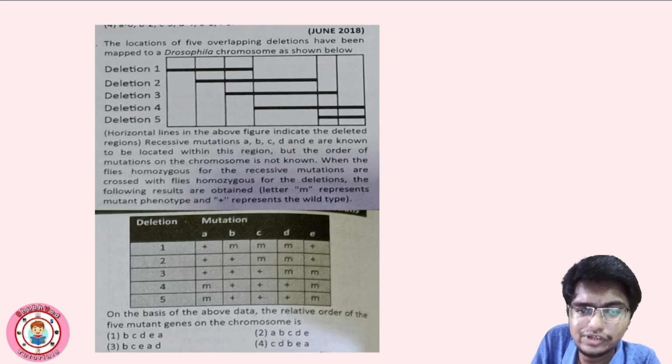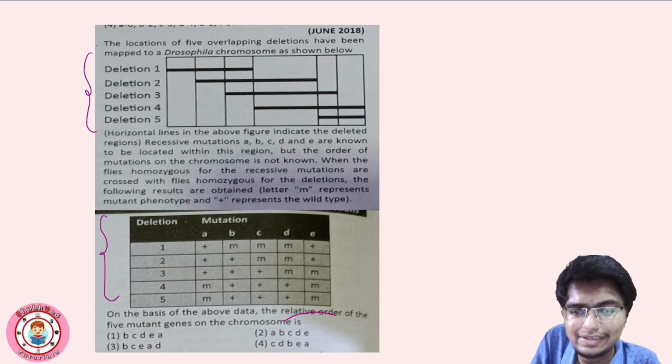Now the next question, यहाँ पे भी same है, deletion and table. Okay, what we have to find? Relative order यहाँ पे find करना है of the 5 mutant genes on the chromosome. Same we can do.